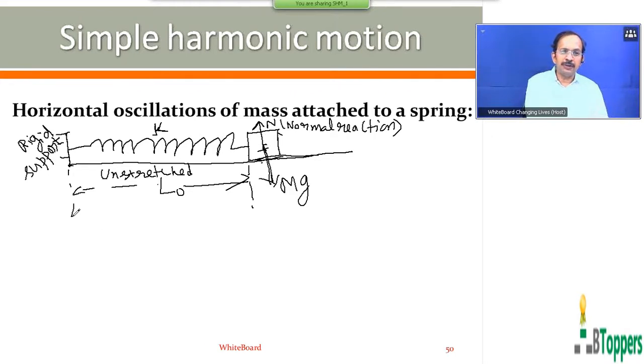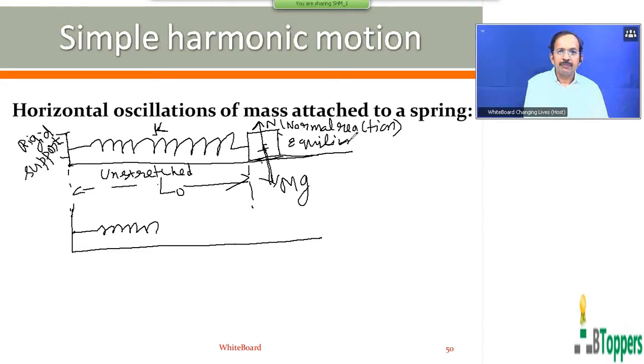Now suppose the block is pulled towards the right through some distance from the equilibrium position. In the first figure, I have shown the equilibrium position of the block. Equilibrium position of the block means the position at which the resultant force on the block becomes 0.